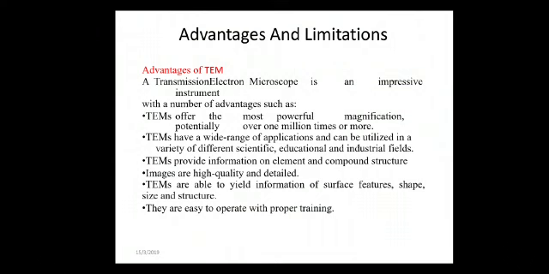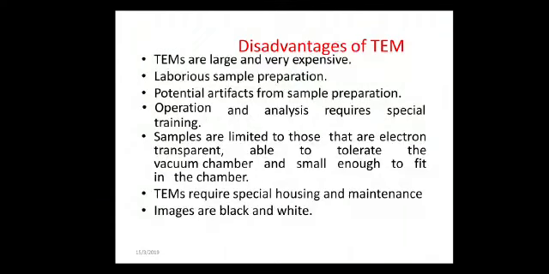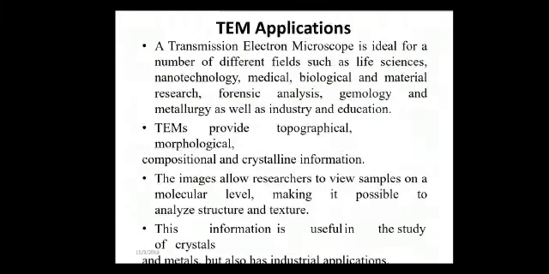It's a laborious aspect, and operation and analysis require special training as with scanning electron microscopes. Samples are limited to those that are electron transparent, and TEM requires special housing and maintenance as with SEM. So these are some disadvantages we have under transmission electron microscopes.